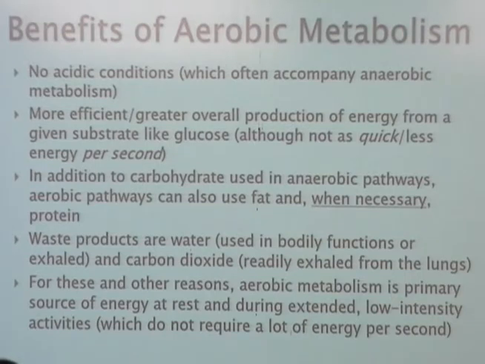And fat is a great source of energy, tons of calories, right? 3,500 calories a pound. So loads and loads of calories available to us that we can access if we're working aerobically. And if we absolutely have to, we can access protein stored in the muscles. Right? We don't like to do that though. So usually, under typical circumstances, we're not going to use protein.